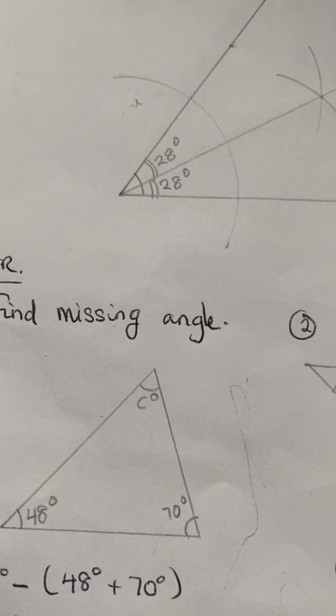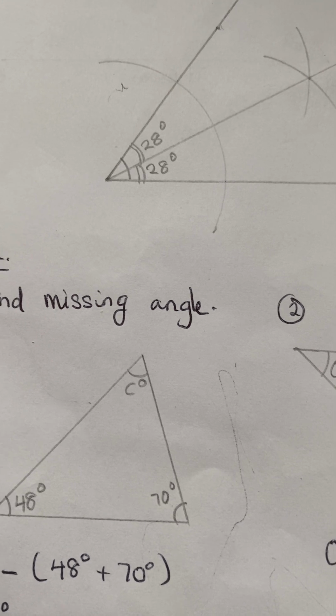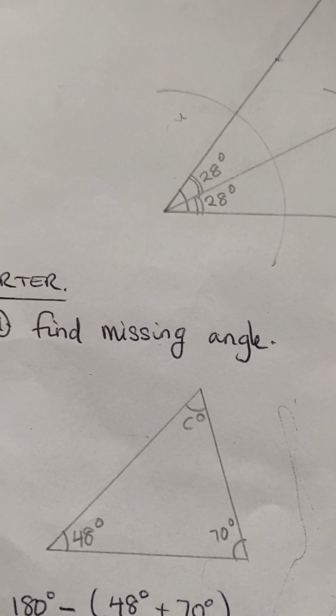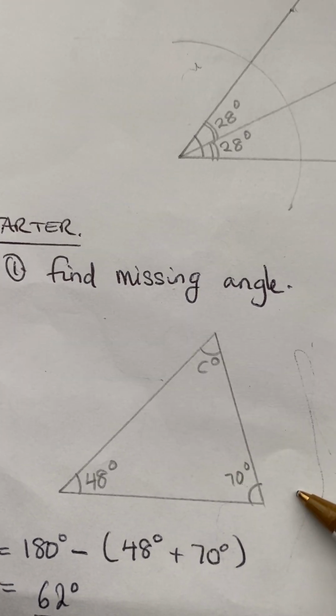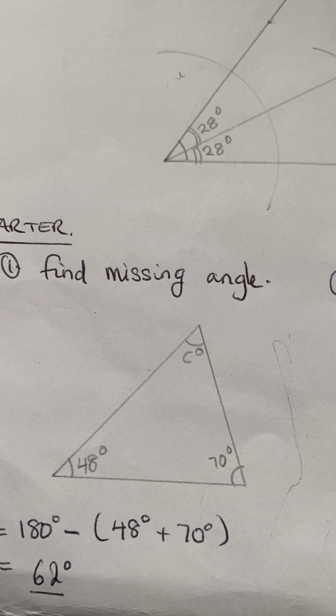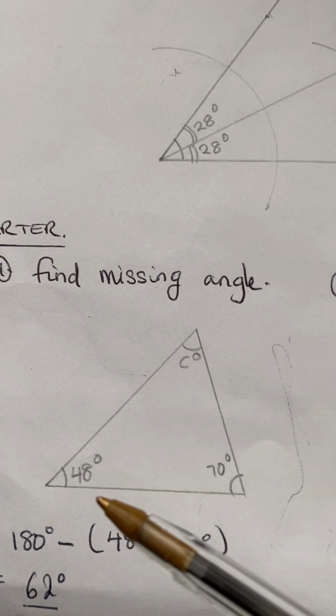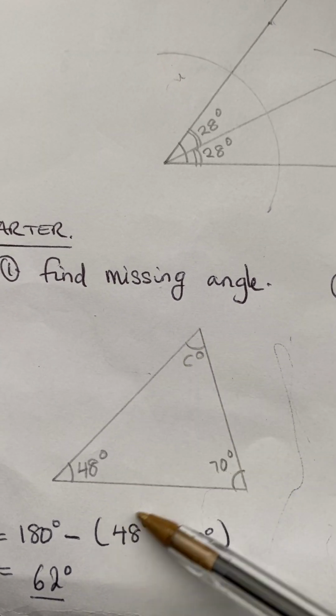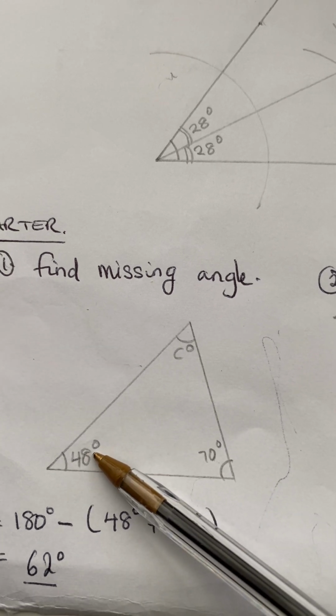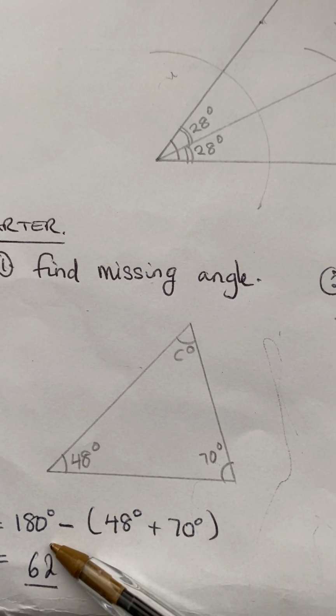Again, simple mathematical work. Some of these can come in the non-calculator paper because they are not difficult numbers to work with. Okay, all you have to do is remember the three angles add up to 180. You take 48 from 180.